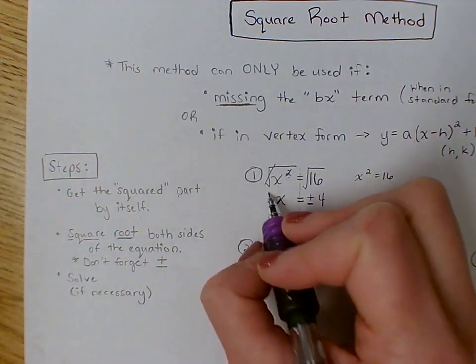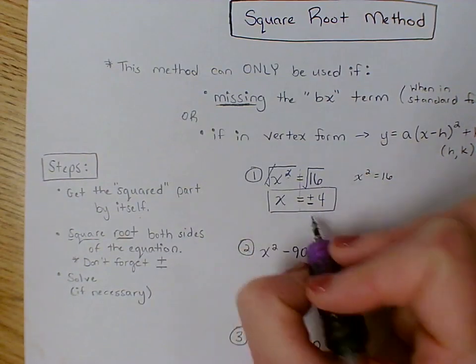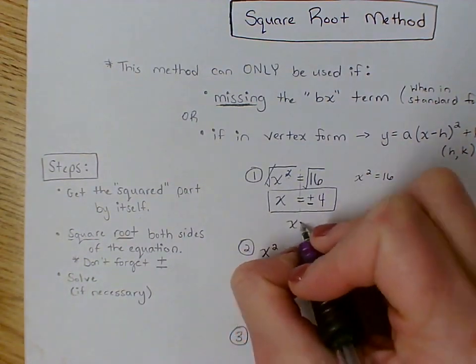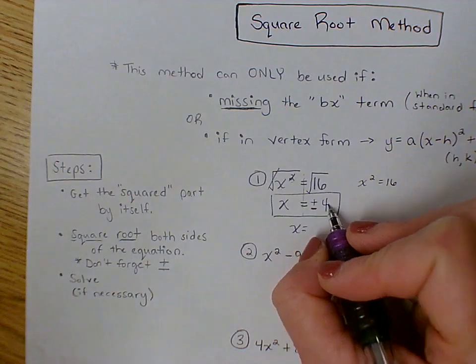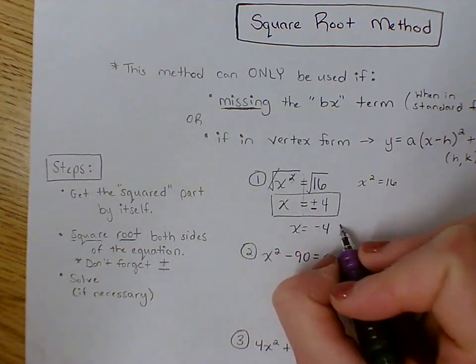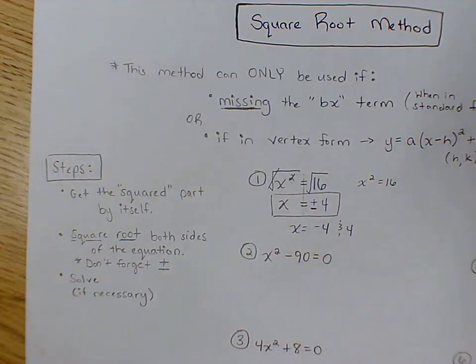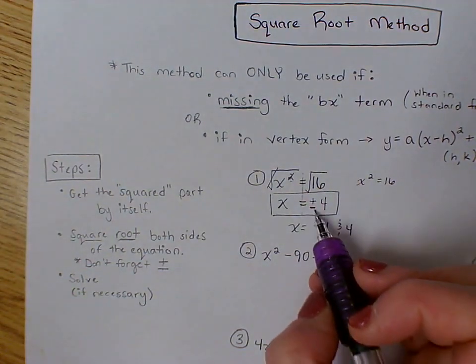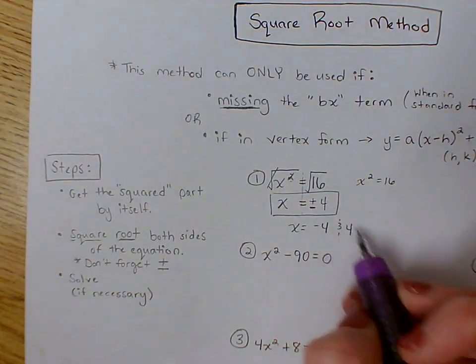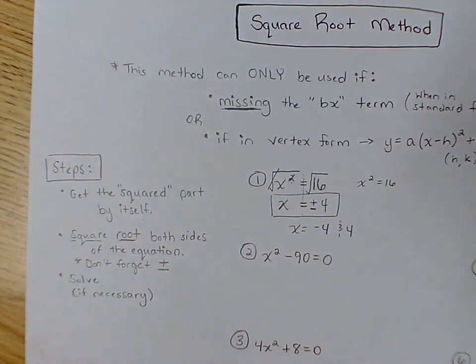So this is one way to write that. But the other way that you could write it is this, which is the same thing as saying technically -4 would work and 4 would work, okay? So this is just a shorthand way of writing that, okay? But they're the same thing, all right?